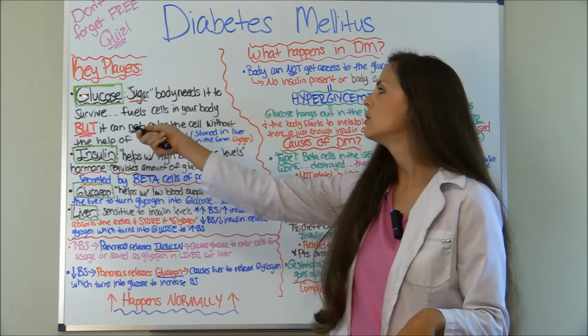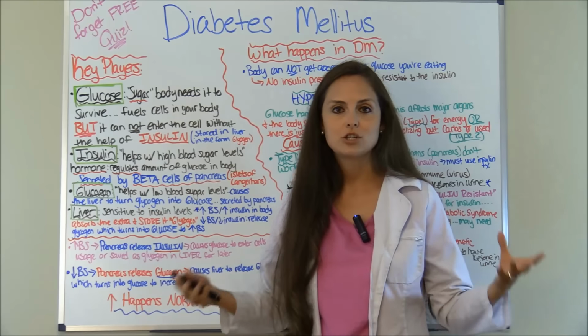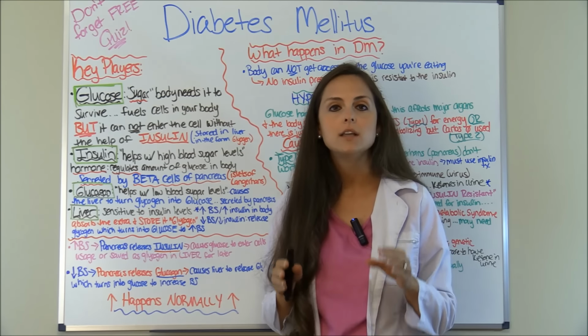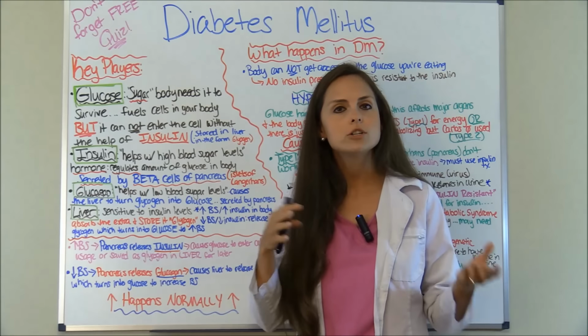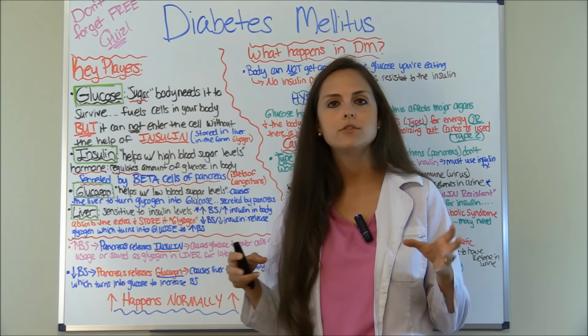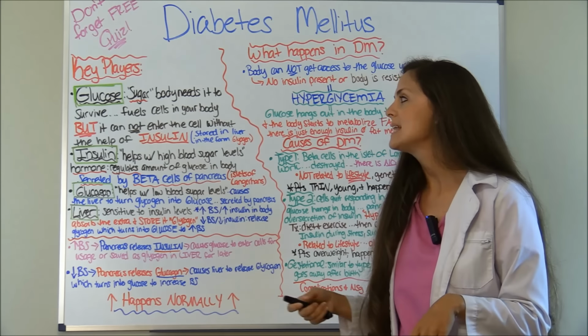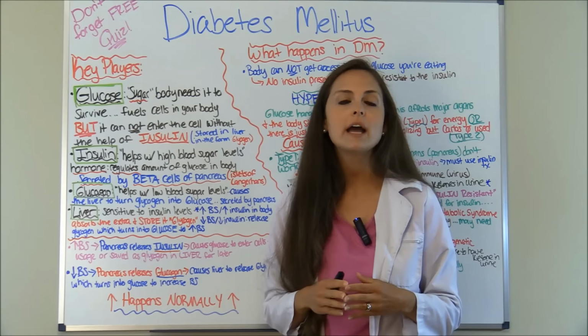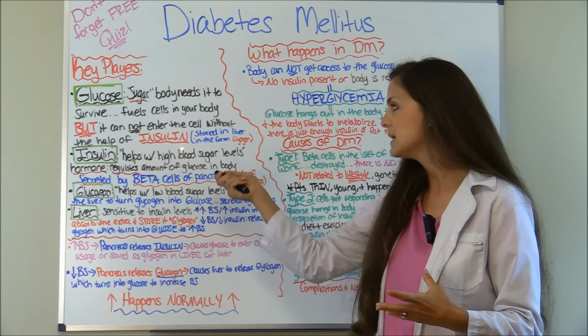Okay, so first let's talk about glucose. What is glucose? Glucose is sugar, and your body loves sugar because your body needs it to survive. The glucose enters into the cell and fuels those cells so they can work. But the catch is that glucose cannot enter into your cell without the help of insulin.